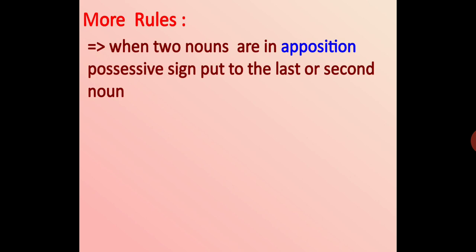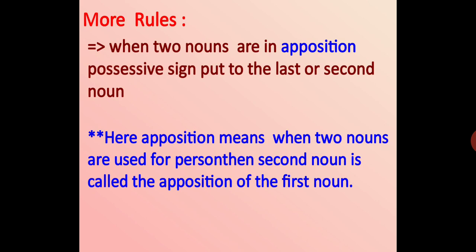We are very familiar with the word opposite, but here the word is opposition. So, let's see the meaning of opposition. Here, opposition means when two nouns are used for one person, then the second noun is called the opposition of the first noun.